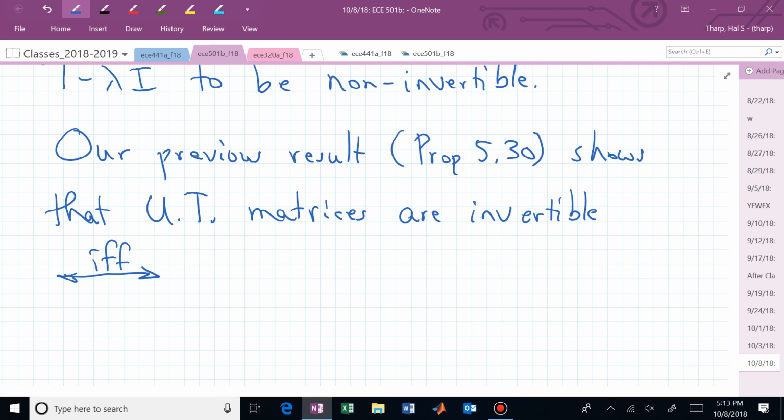We want those diagonal entries to all be non-zero. So our previous result shows that upper triangular matrices are invertible if and only if we have non-zero elements on the diagonal.